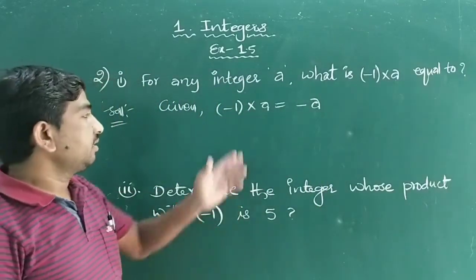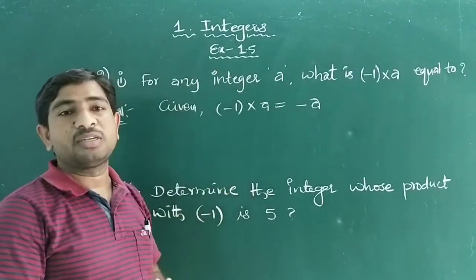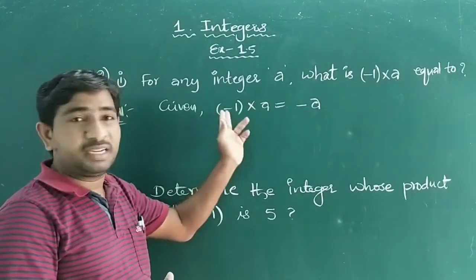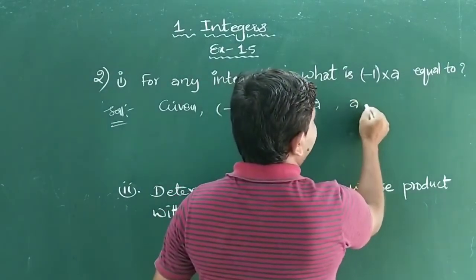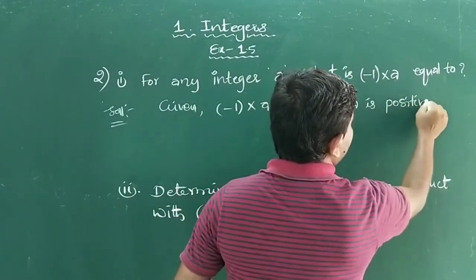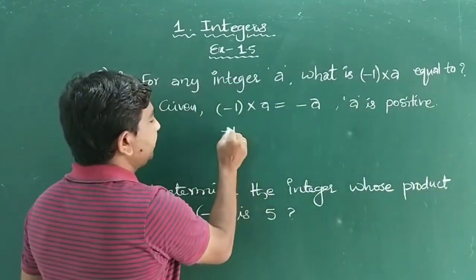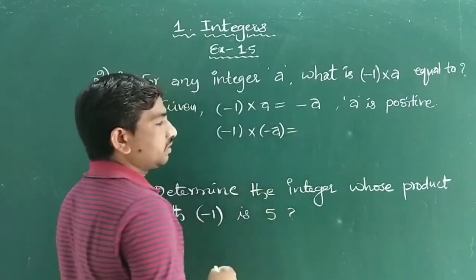We will take that if a is a positive integer, or if you take a as a negative integer, then you will get a plus. Here a is positive, and minus 1 into minus a is equal to what?